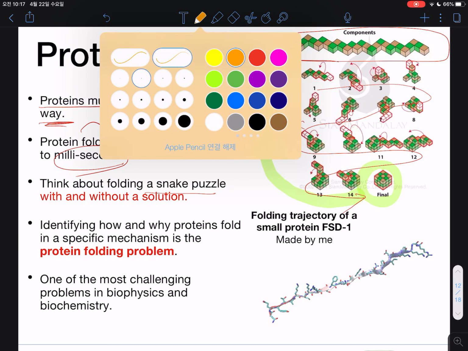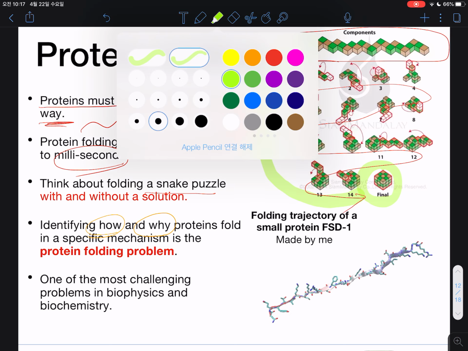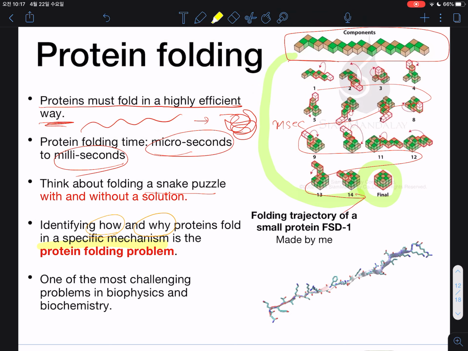Identifying how and why proteins fold in a specific mechanism is called the protein folding problem. So revealing how and why proteins are folded in such a way, investigating that question, is called the protein folding problem.